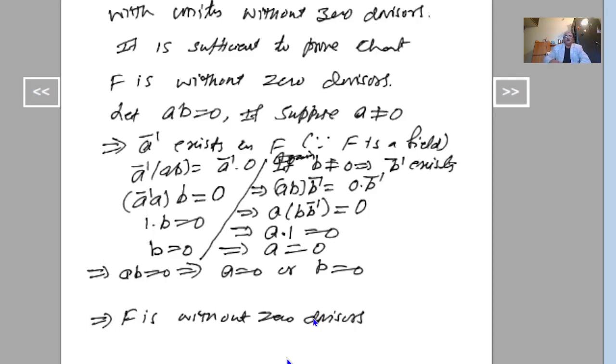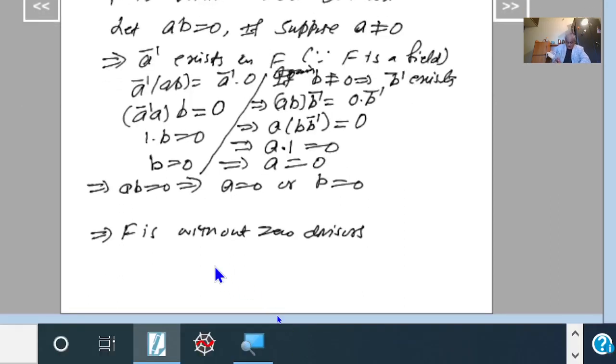So here F is a commutative ring with unity and without 0 divisors, means F must be an integral domain. So that is, this implies F is an integral domain. Okay. So that is here, every field is an integral domain. We have proved that every field is an integral domain.